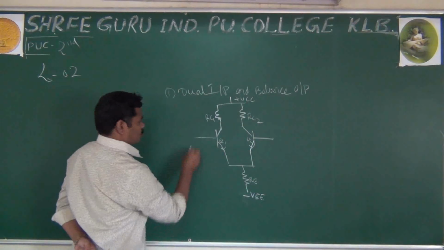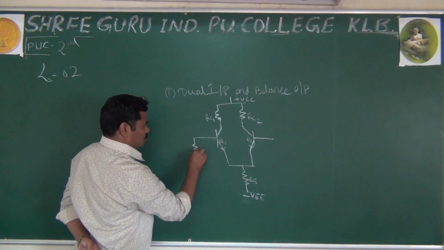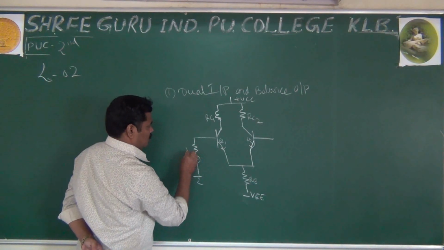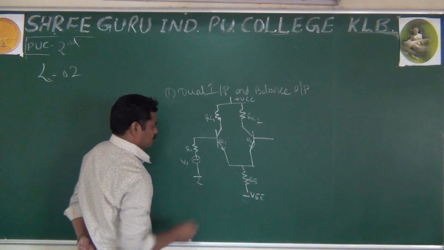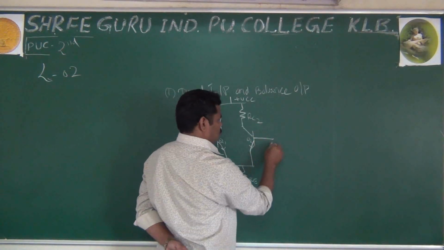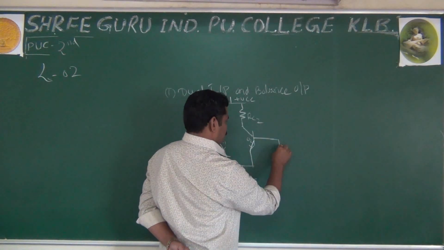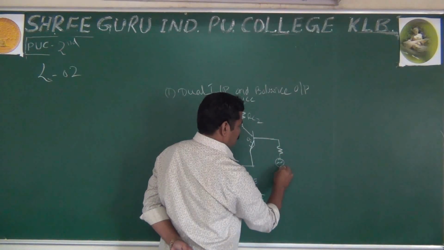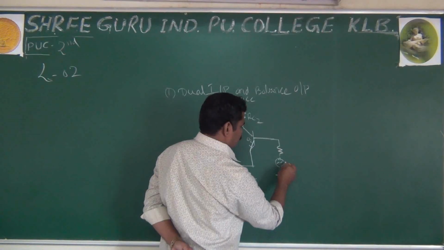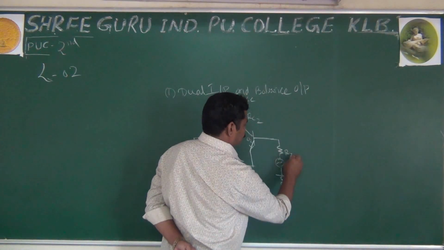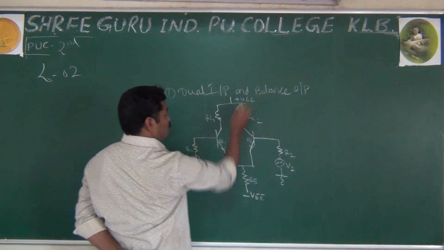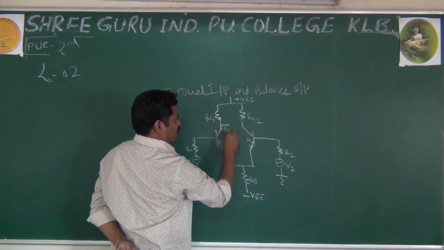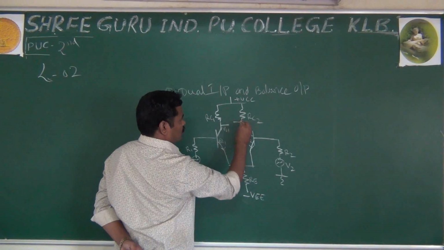As you are using two inputs, this is R1 and this is V1. And here also you have V2, R2. And you have the two outputs, V01 and V02.